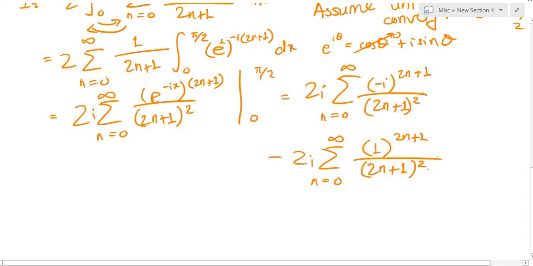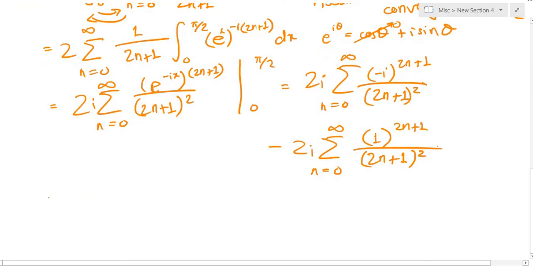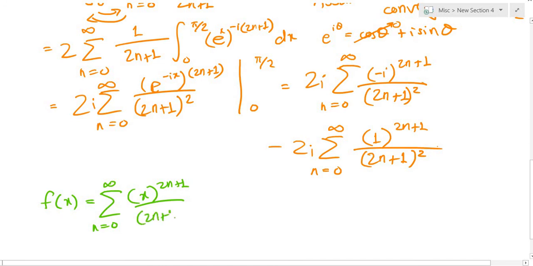Okay, great, we have two terms. Now what are we going to do? Now I'll also want to remind you of another fact. Say we have a function of x being defined as the sum from n equals 0 to infinity of x to the 2n plus 1th power divided by 2n plus 1 squared.